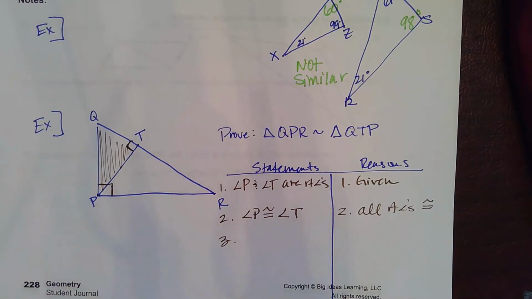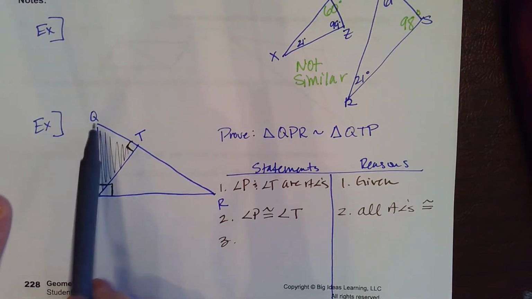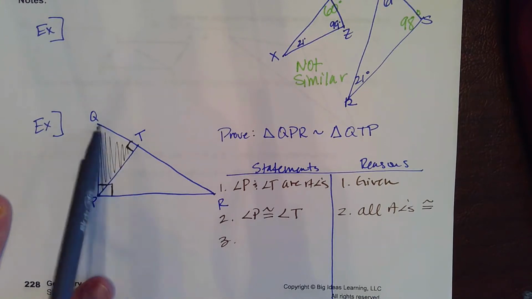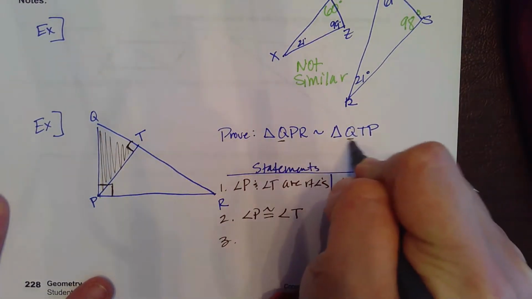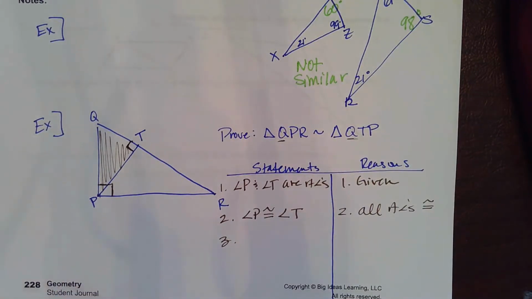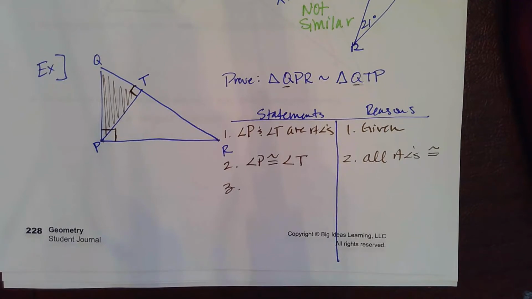All right, remember our goal is to be able to prove that these triangles are similar through angle. If you look at the big triangle QPR and the small triangle QTP, what you might notice is that they have the angle Q in common. When we did congruence theorems, we looked a lot for that hidden information, and a lot of times that hidden information was a side being congruent to itself.